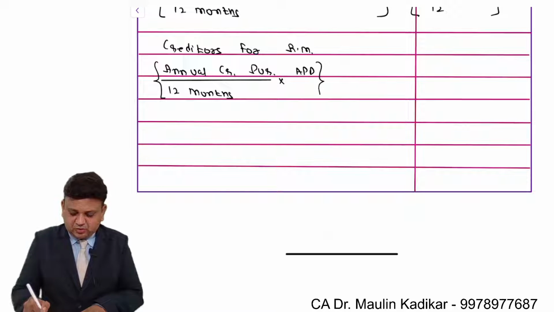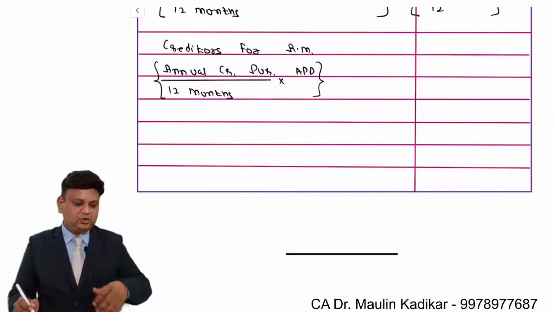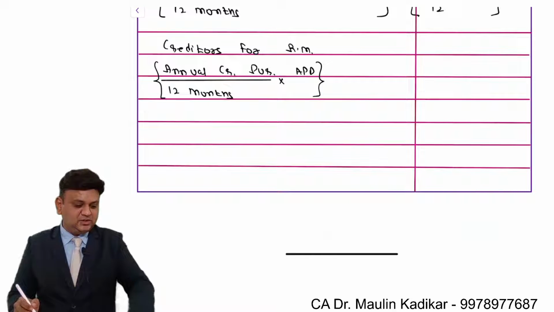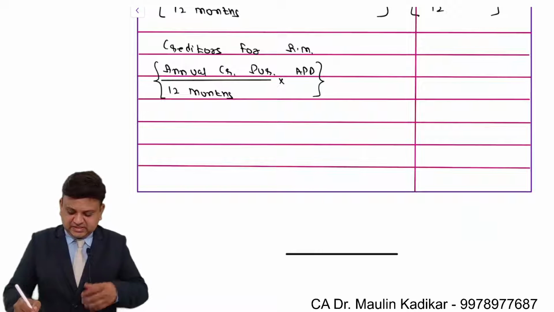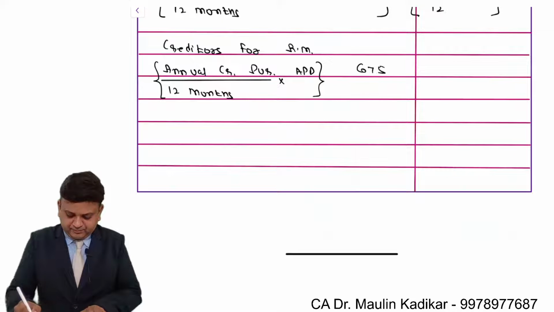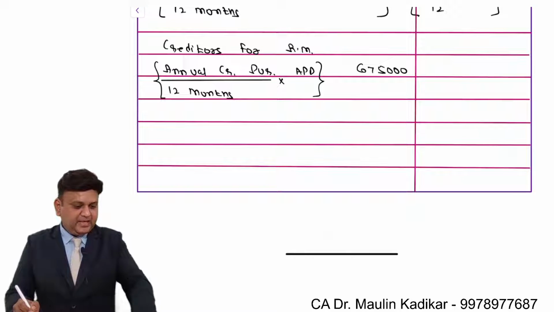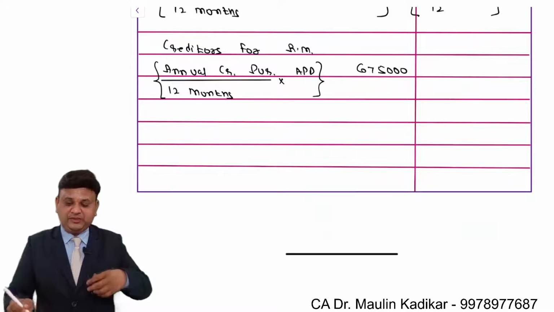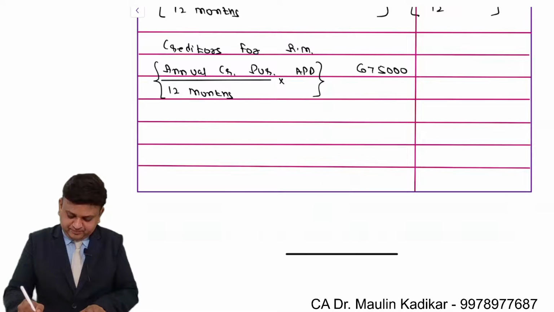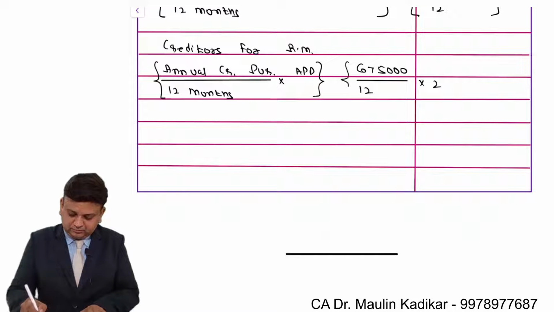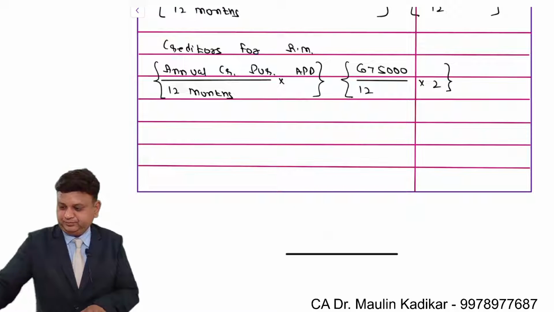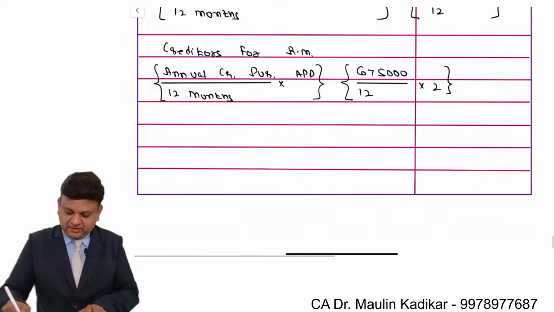Dear students, the opening and closing stock are the same, so consumption itself is purchase. What is the consumption? 6,75,000, and suppliers extend 2 months credit, so divided by 12 into 2 is 1,12,500.